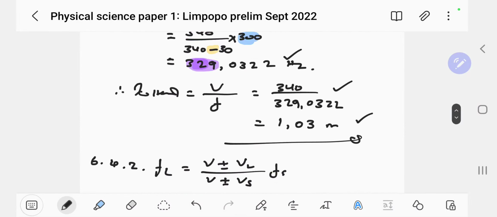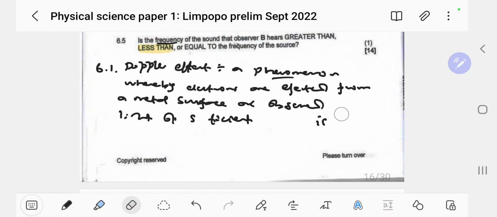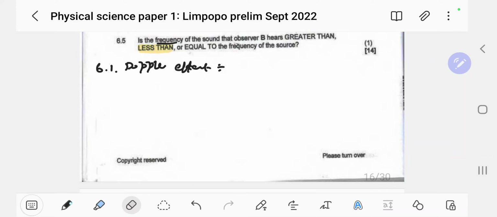No man. Forgive me for this one. This was the biggest crime ever. I started describing the photoelectric effect here instead. So this is not correct. Let's correct ourselves. I'm sorry guys for that.